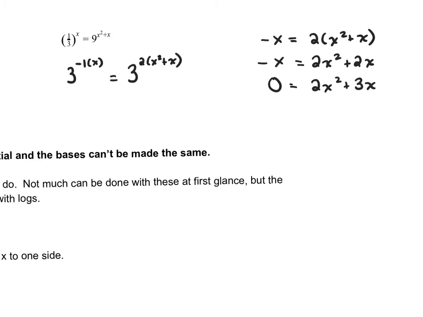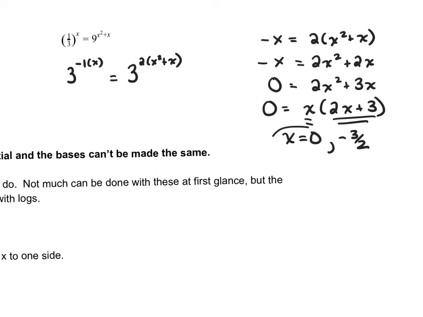Now this is actually a very easy factorization because the only thing I can factor is I can take out an x. So we have x and 2x plus 3. So my two solutions will be x equals 0 from this factor, and this factor equal to 0, I'd subtract 3 and divide by 2, so I get minus 3 over 2. So with the quadratic, I actually ended up with 2 solutions.